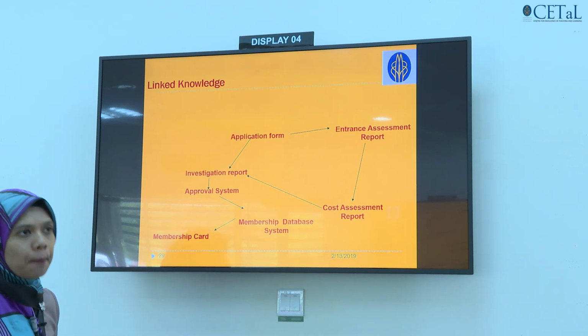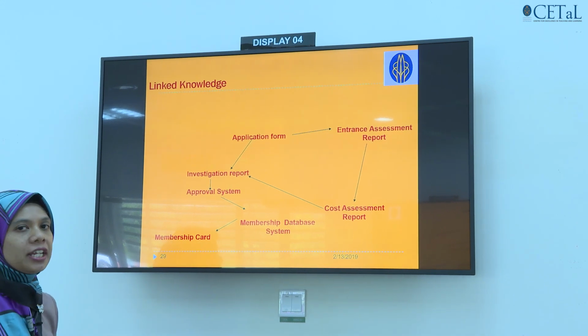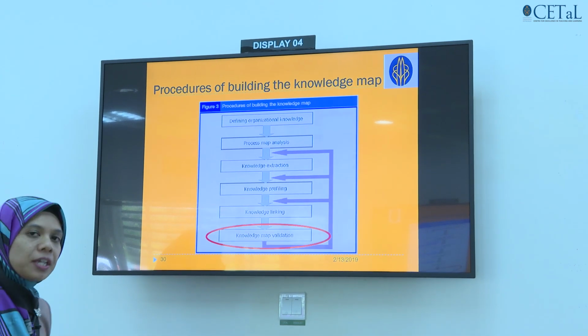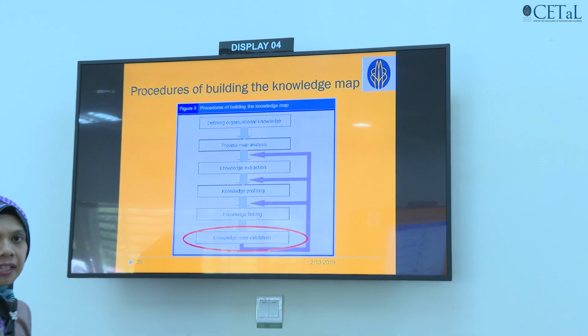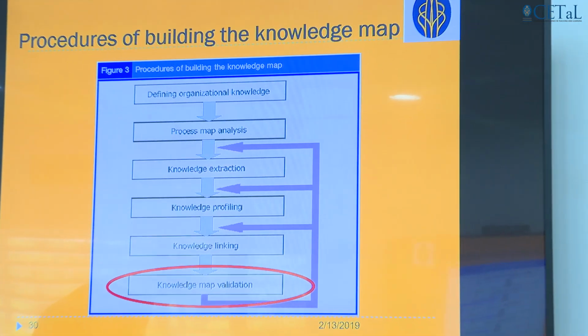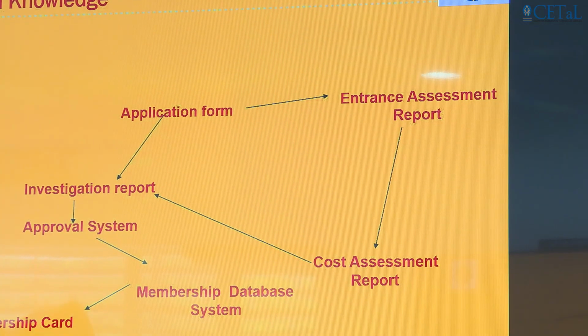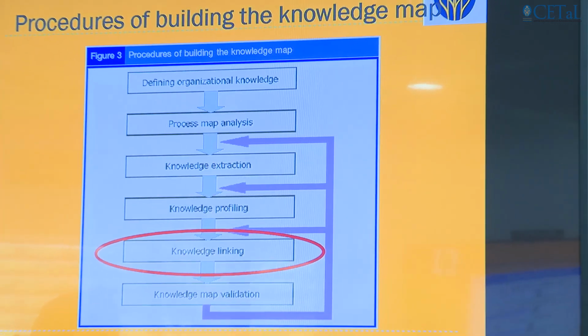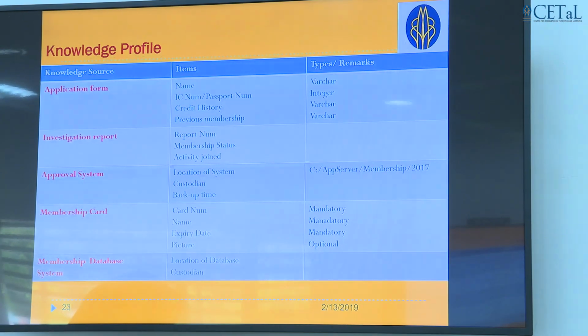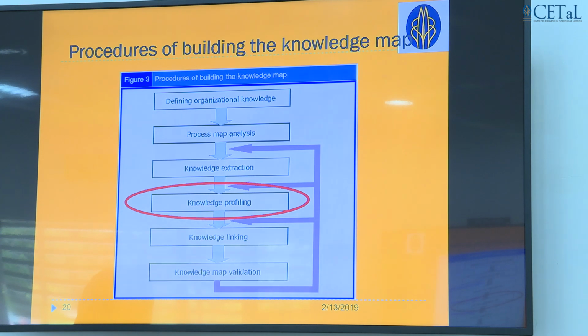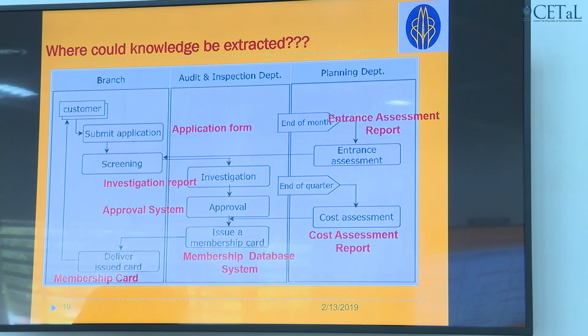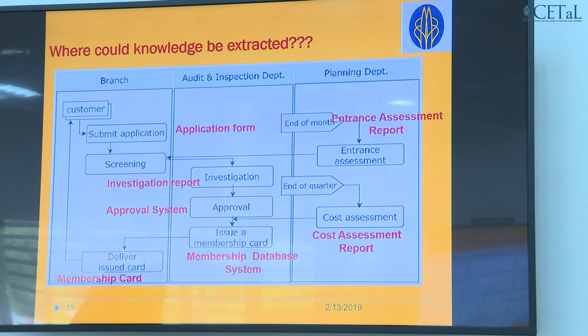The last step for building a process-based knowledge map would be validating. After you have gone through all the process, you have developed a link knowledge, you have developed the profile of knowledge, you have extracted all the knowledge through all the processes.